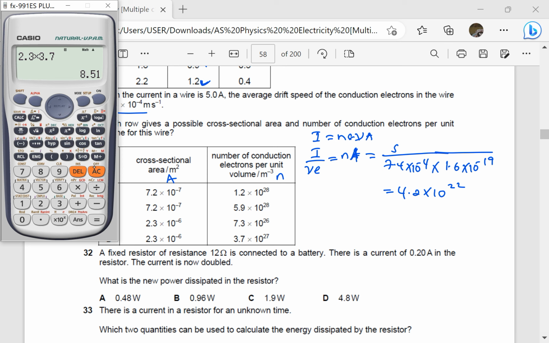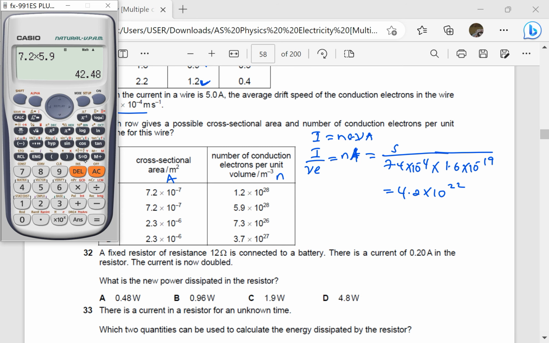Did I compute this wrongly? Let me check it again. 7.2 times 1.2. Okay. 7.2 times 5.9.